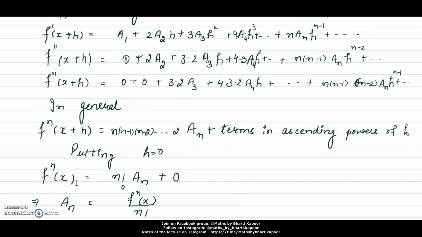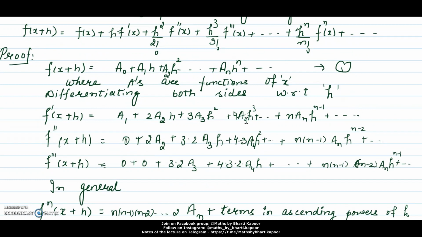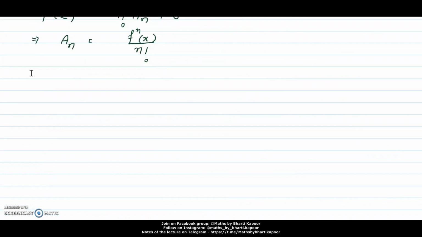We'll substitute the values of an's in equation number 1. So substituting the values of a0, a1, an in equation number 1, we get f(x+h). The first term was a0, that means we take n equal to 0, the zeroth order derivative of f(x), that will be f(x), and in the denominator 0 factorial, that is 1.